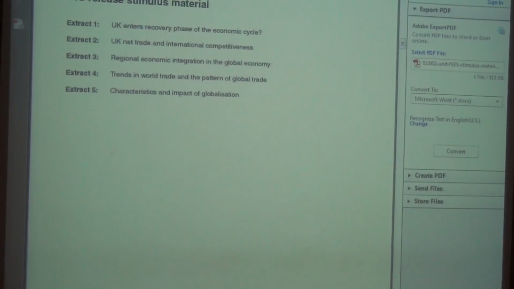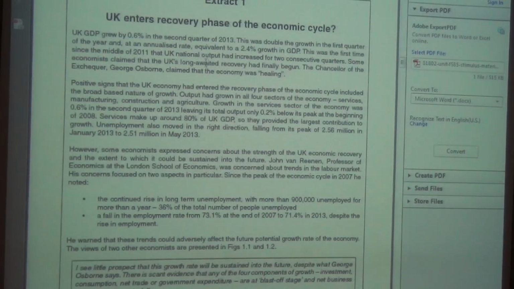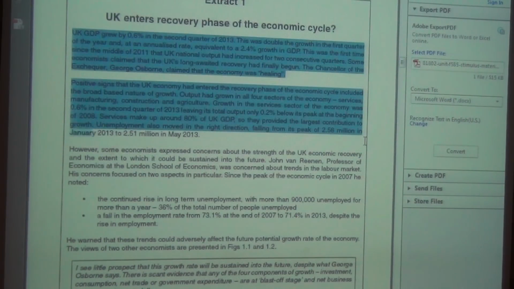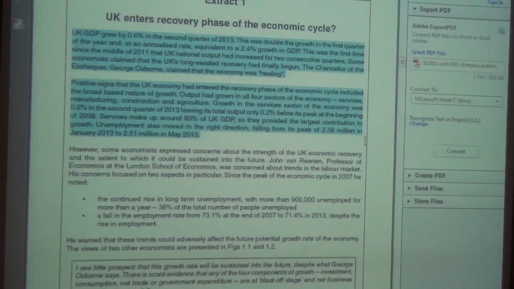So, considering what's on extract 1, and if I just bring that up, extract 1, as we can see here, UK enters the recovery phase of the economic cycle. So extract 1 is basically split into two halves. The first two paragraphs here are identifying all the plus points with regards to the UK's recovery, and it's very upbeat in its analysis.